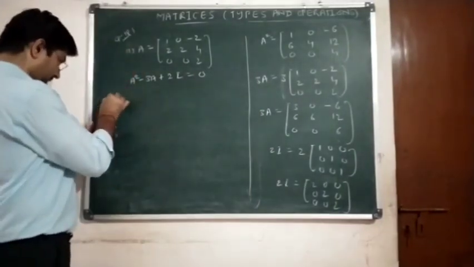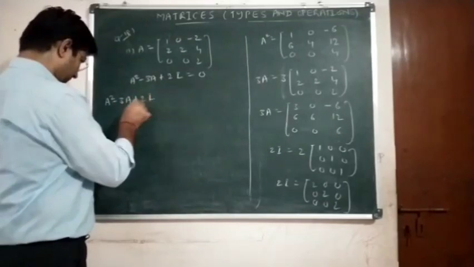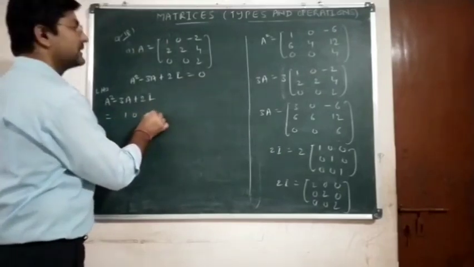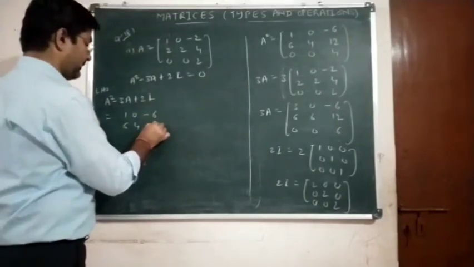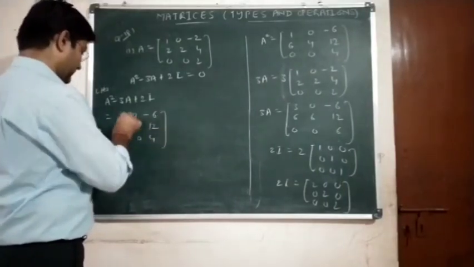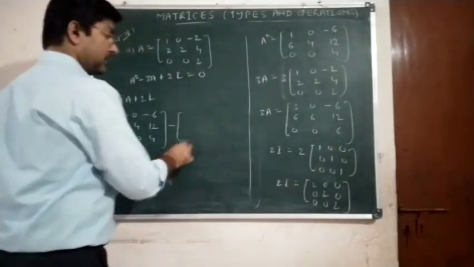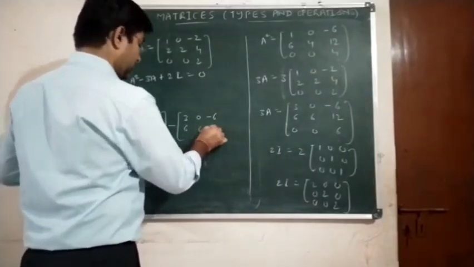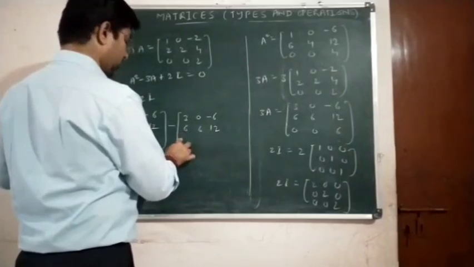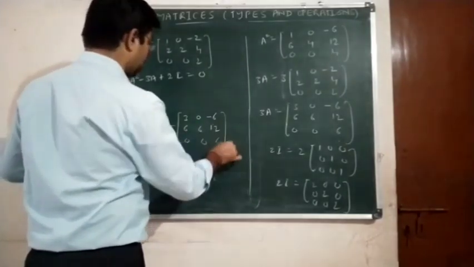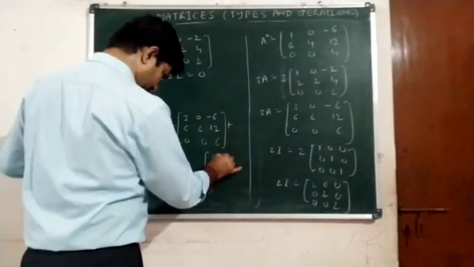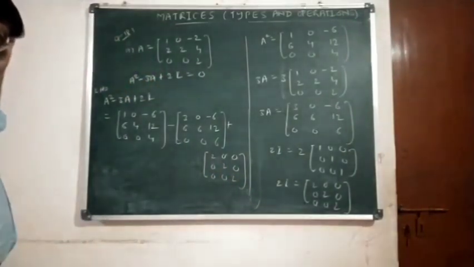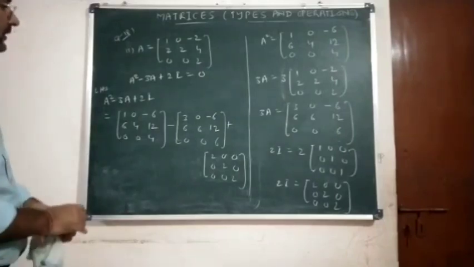Therefore A square minus 3A plus 2I, LHS, equal to A square, that is 1 0 minus 6, 6 4 12 and 0 0 4, minus 3A, 3 0 minus 6, 6 6 12 and 0 0 6, plus 2I, 2 0 0, 0 2 0, 0 0 2. Clear?